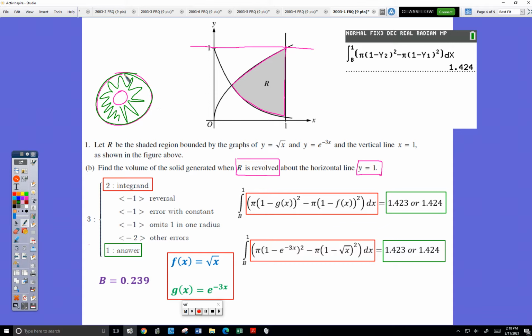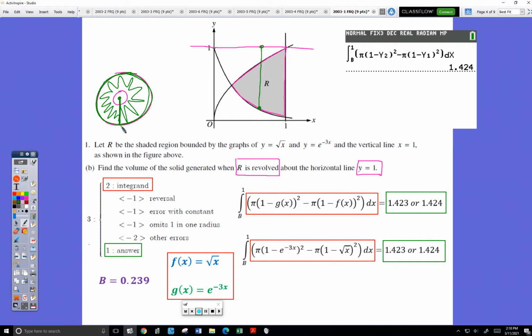So the way I do that is I come to the axis of rotation, I draw a line towards the region all the way to here. The length of that line will be the radius of the entire slice. It will go from here all the way to here.